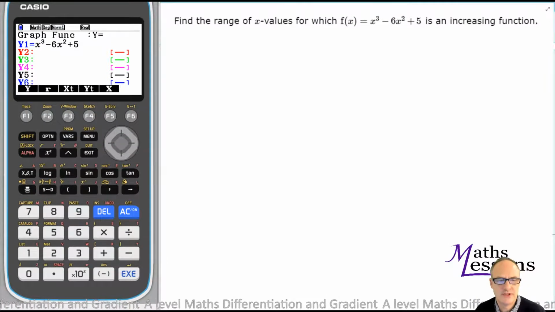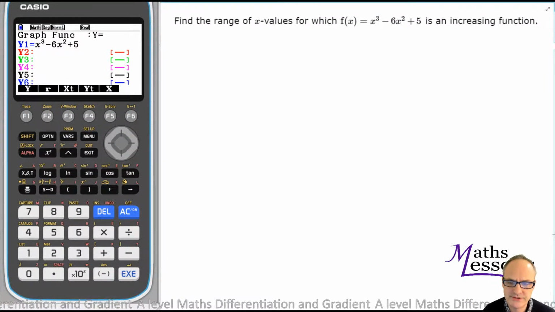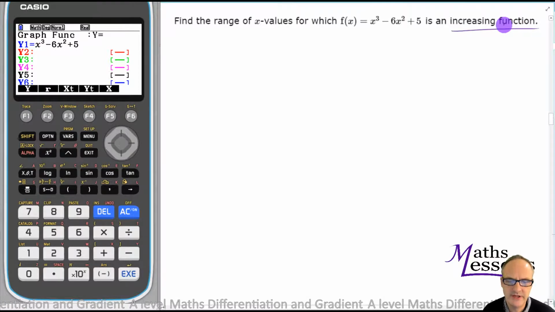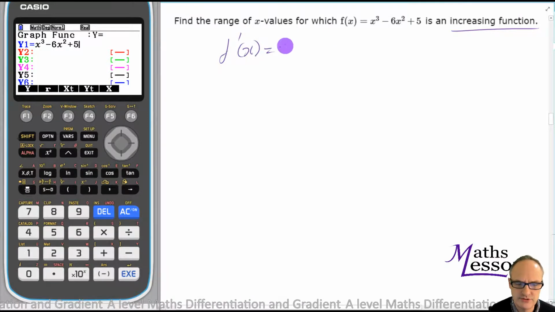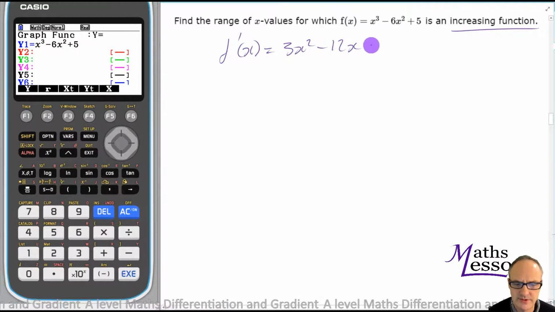Right. So as you know, to find where it's an increasing function, we need to find the gradient. So therefore, we need to differentiate. So we get f dashed of x is equal to 3x squared minus 12x.